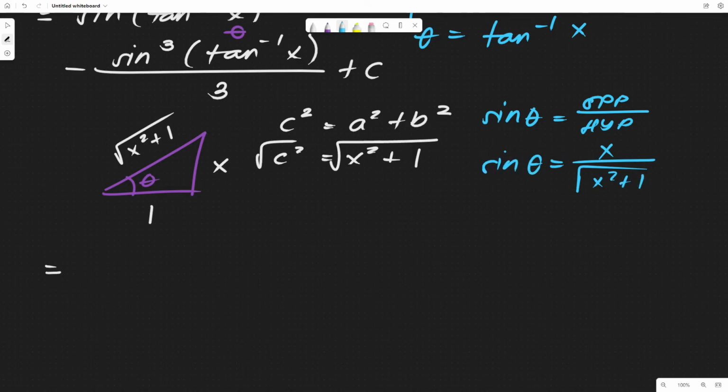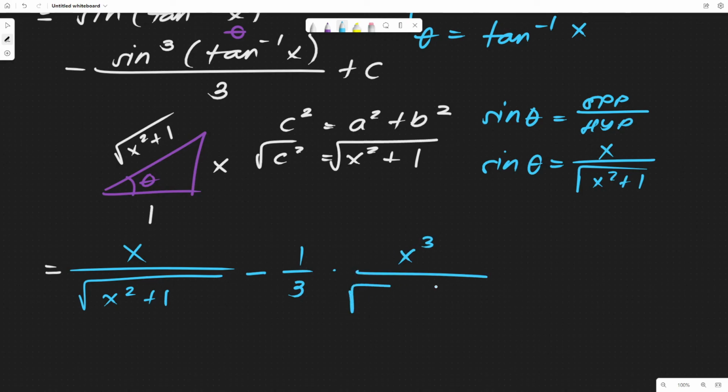So, we will have x over square root ng x squared plus 1 minus 1/3 sine cube theta tayo kanina times x cube over square root ng x squared plus 1 cube.